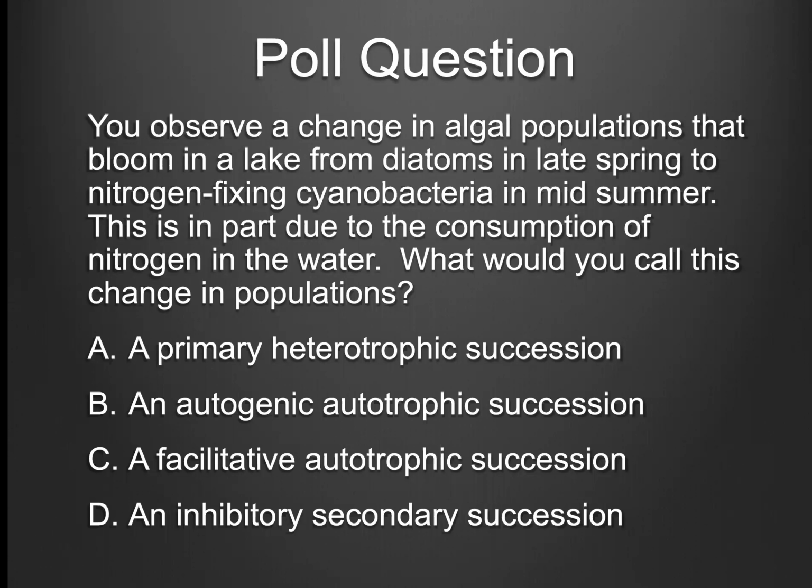That's just self, right? And genic is self-generating or self-producing. So Alessandra put alter the habitat. So an autogenic succession means they've altered the habitat, okay?